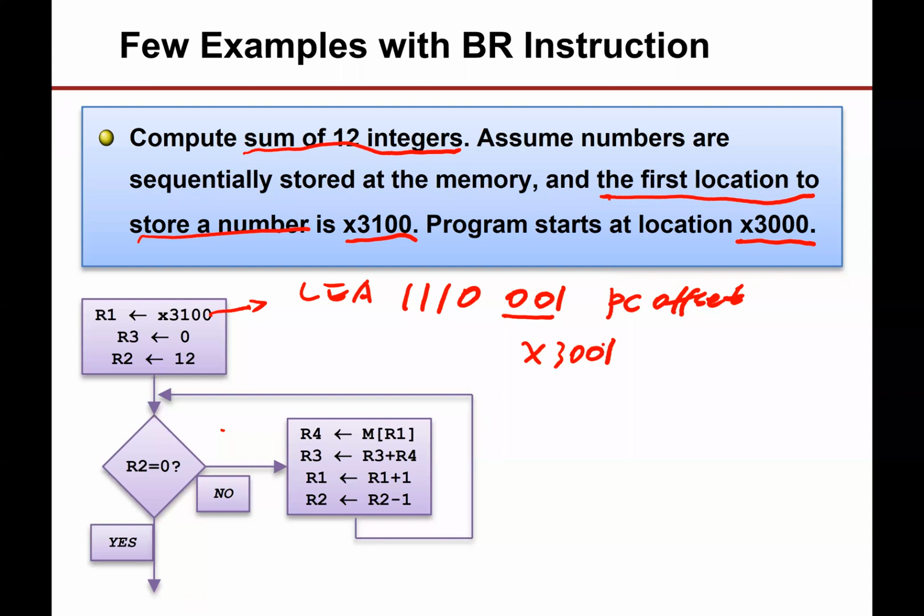It's not 3000. Do the PC offset, and then it should be equal to... right? So you need to calculate the PC offset here.